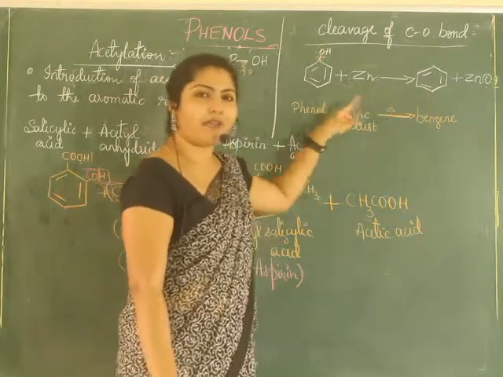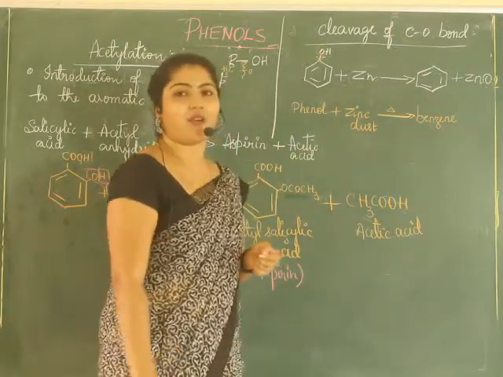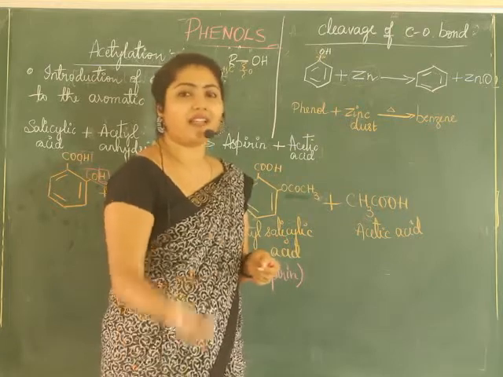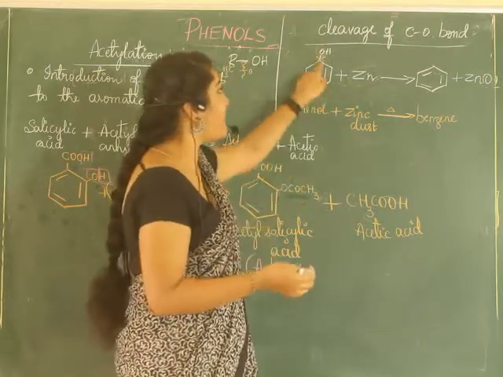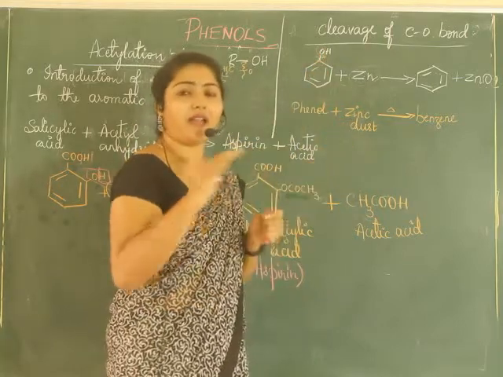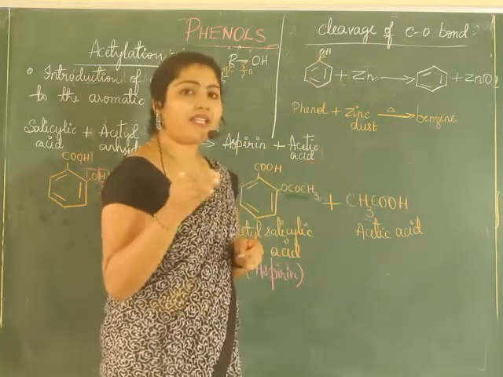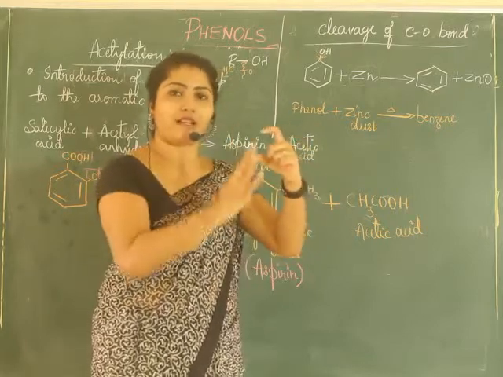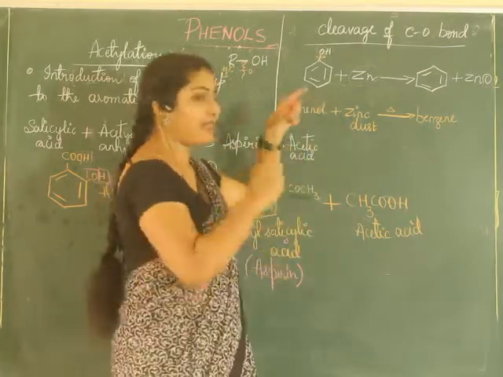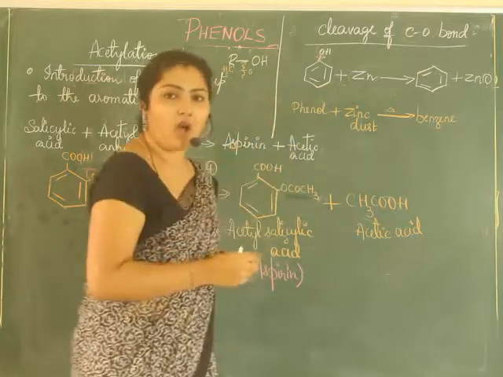When phenols react with zinc dust, you get benzene along with zinc oxide. This is the only reaction of phenol where you can see the cleavage of the carbon-oxygen bond. In all the other reactions, you can see the cleavage of the O-H bond.